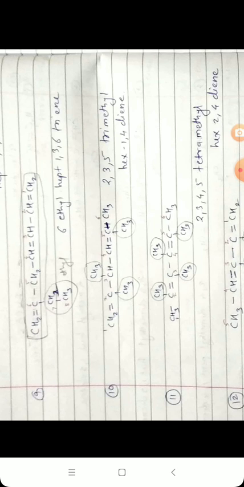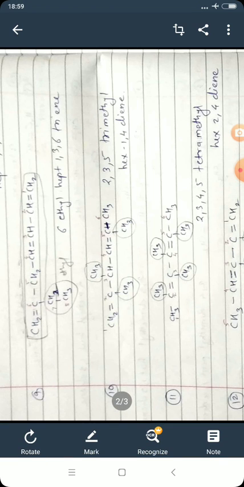Straight chain 6 carbon, so called hex, 2,4 diene. Okay, are you getting the point? 2,3,4,5-tetramethyl hex-2,4-diene.